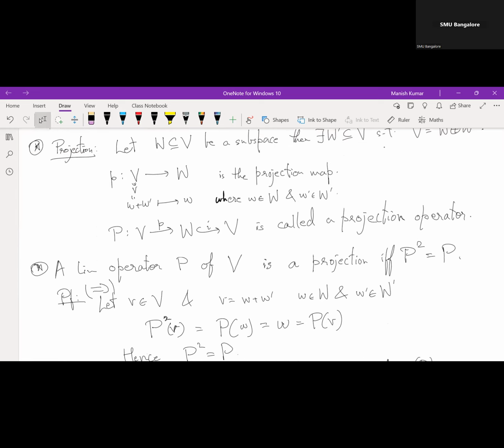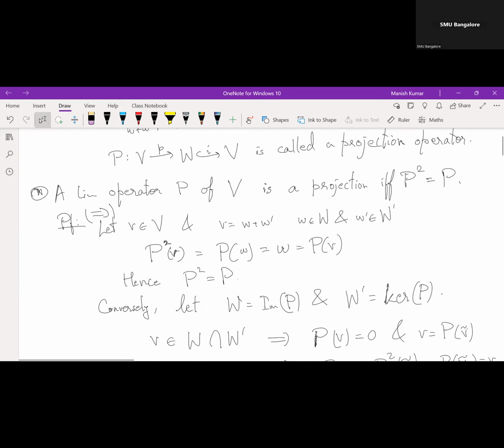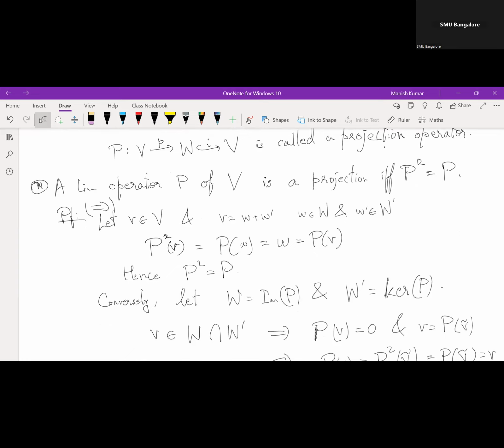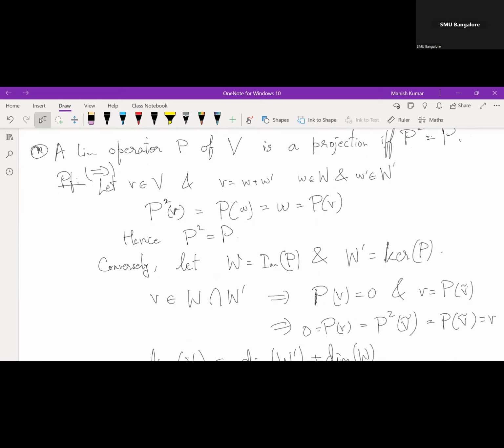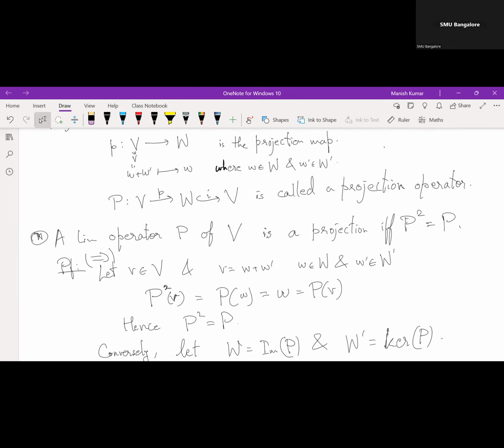So W will be the image of P, and W prime you can take to be the kernel of P. So conversely, suppose P is an endomorphism which has the property that P square is P. Take W to be the image of P and W prime to be the kernel of P. Then the first thing we have to show is that W intersection W prime is 0 and their direct sum is V, and then we have to show that P factors through this, and that P is of this form.